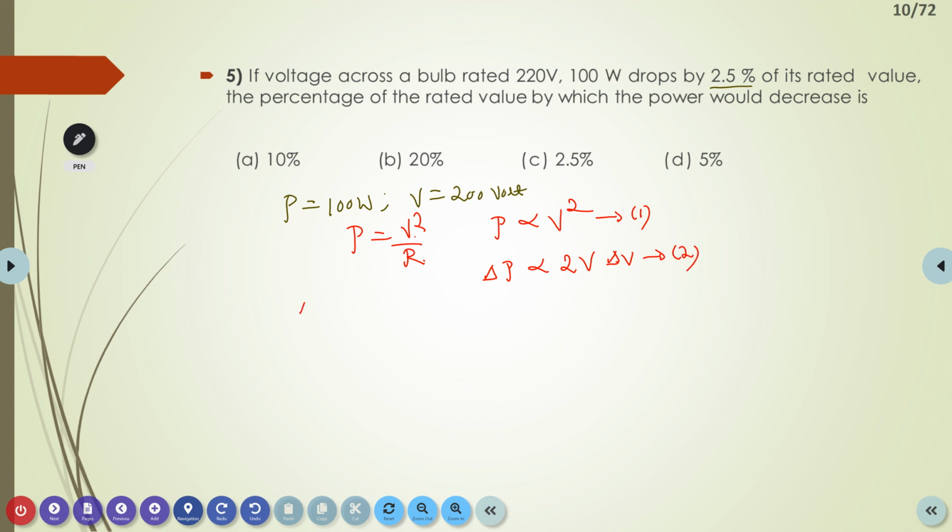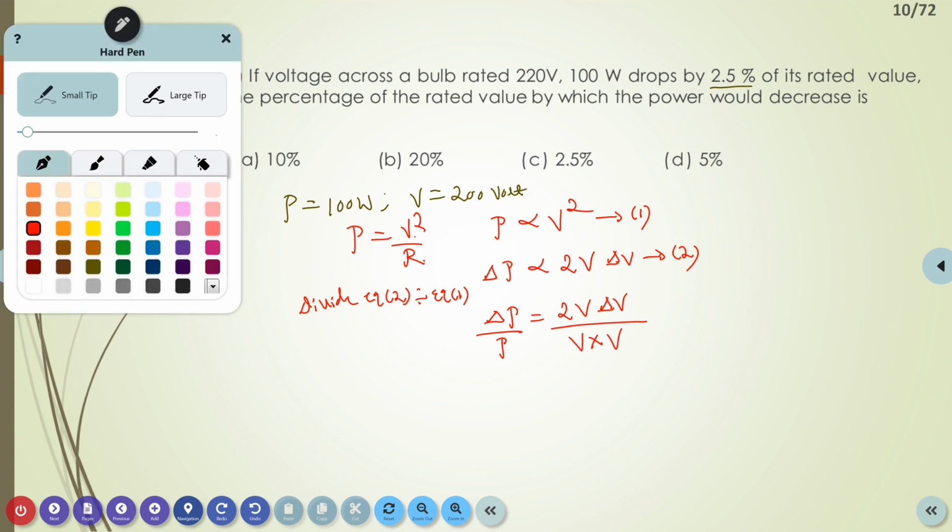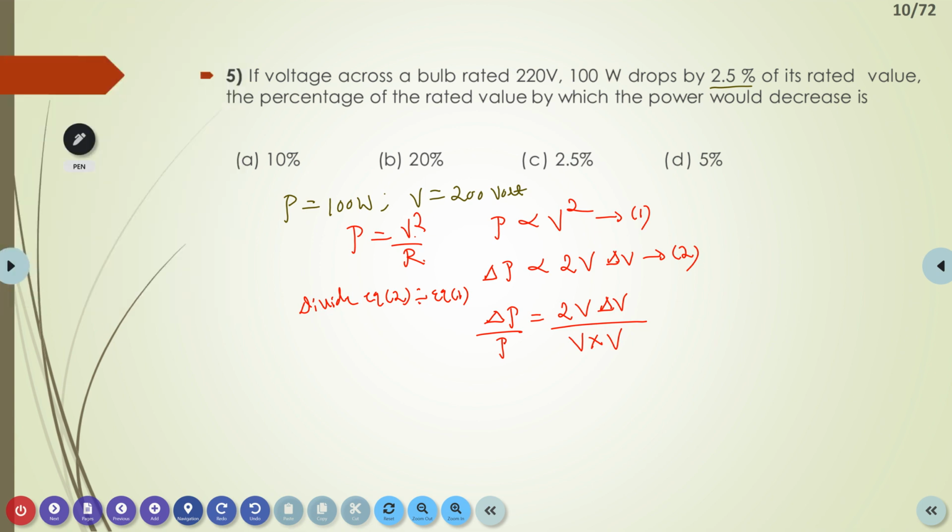Then divide equation 2 by equation 1. How to do this one? Delta P divided by P equals 2V delta V divided by what? V square. Here you see which factor gets cancelled. This V gets cancelled.